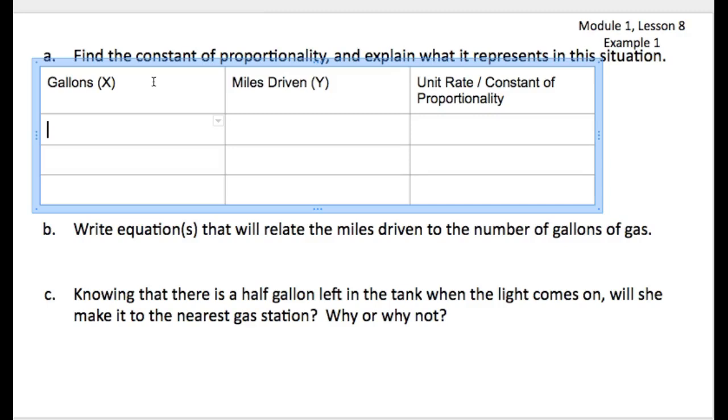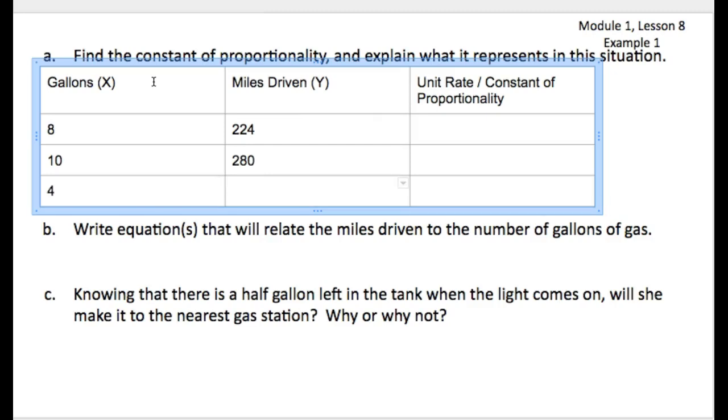Okay, so with 8 gallons, Mom drives 224 miles. With 10 gallons, Mom drives 280. And with 4 gallons, Mom drives 112.